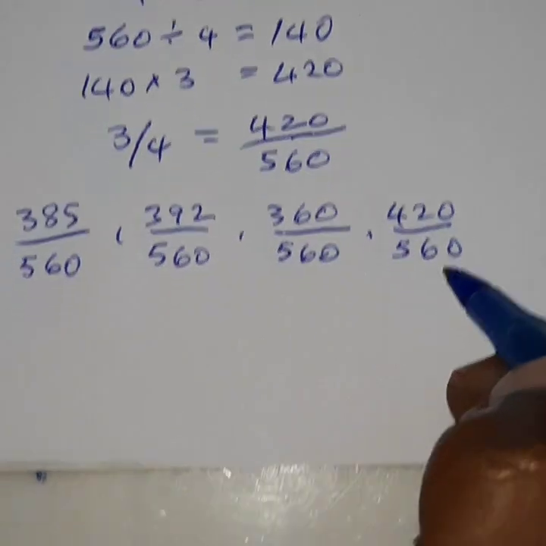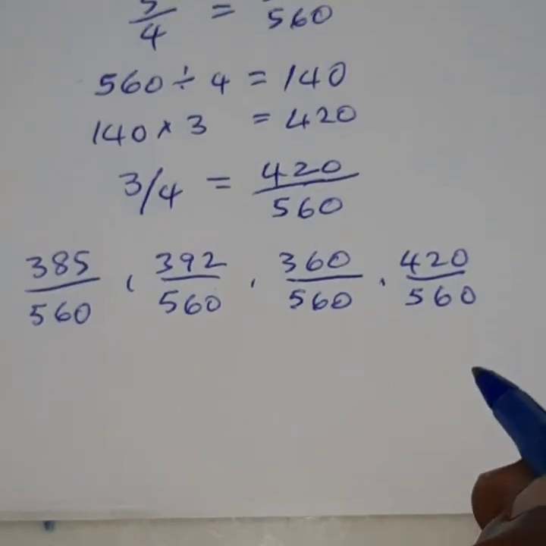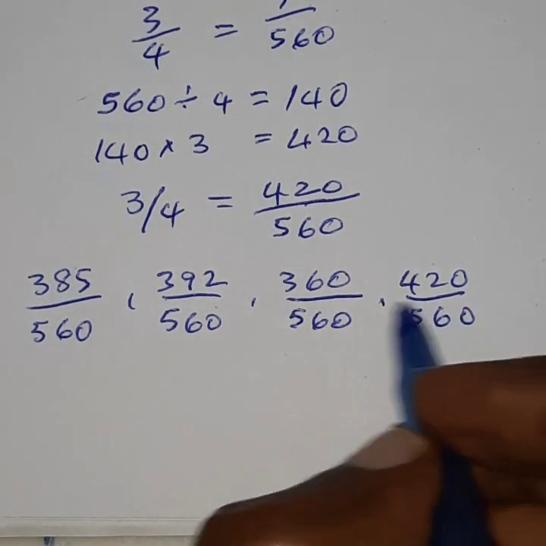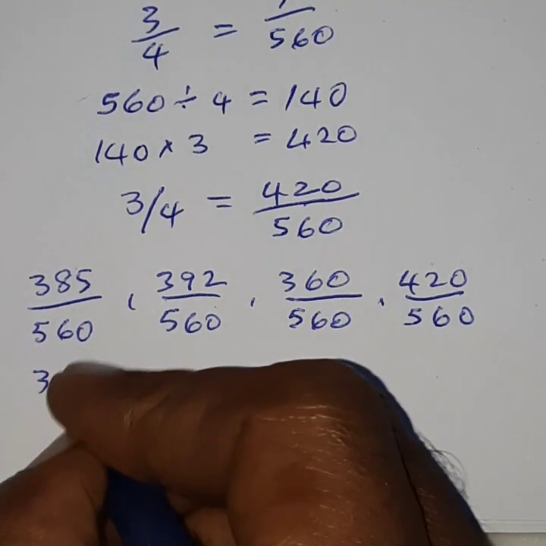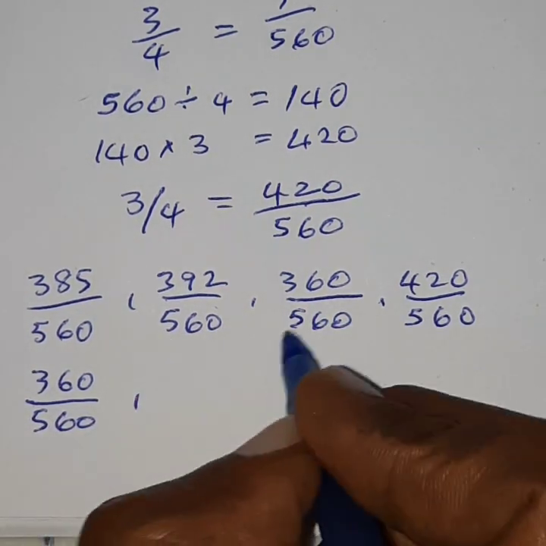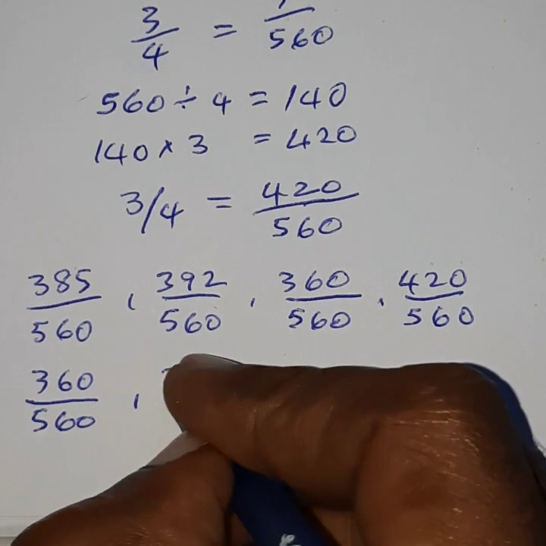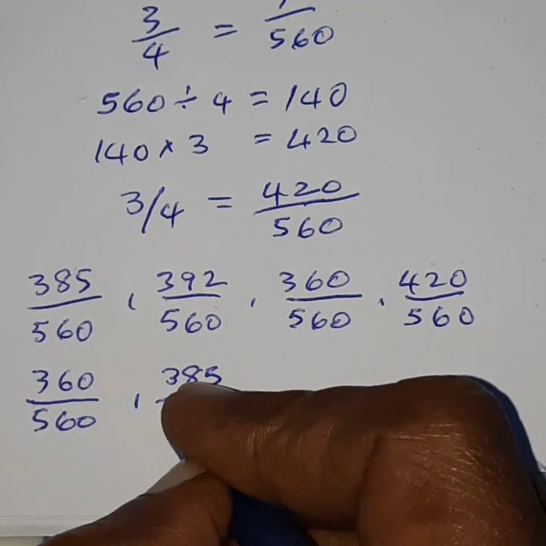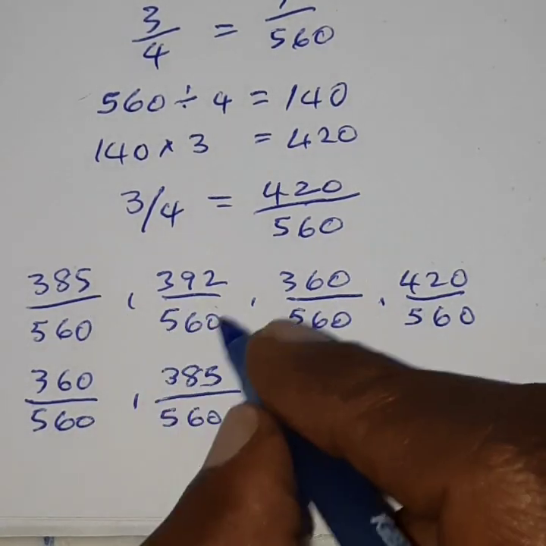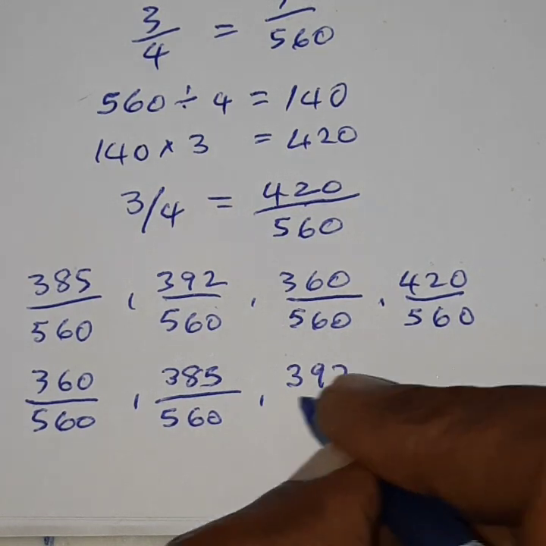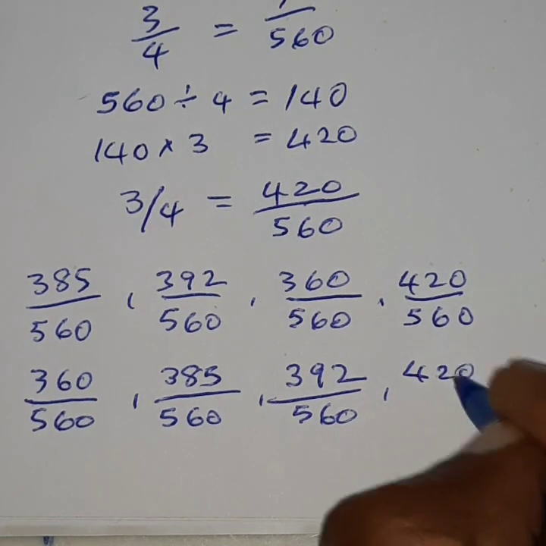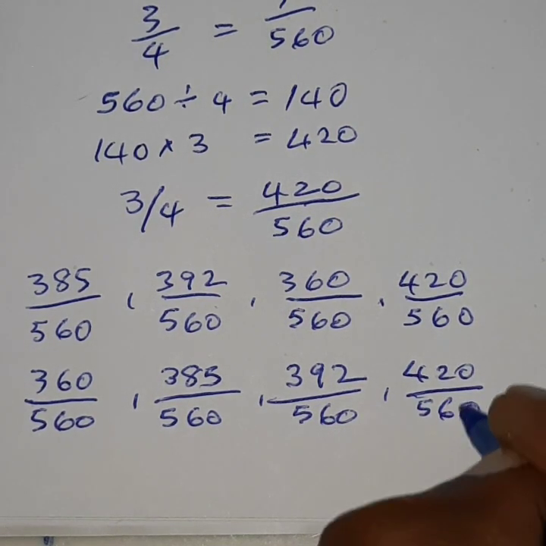So we can find the order now to arrange them, and we can do this by just looking at the numerator. The lowest numerator will be first. So 360 over 560, then 385 over 560, then 392 over 560, and then 420 over 560.